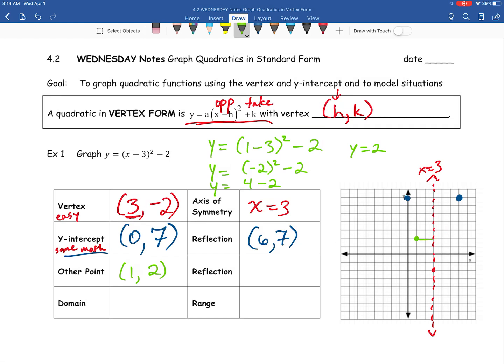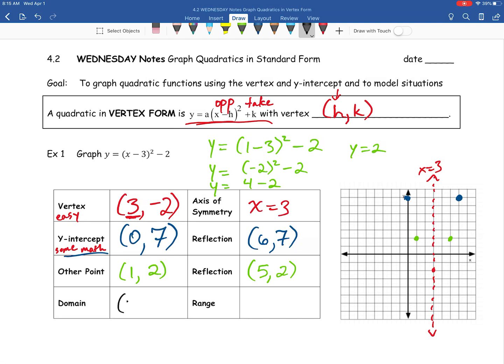When you mirror that, notice how it's 2 units to the left of the mirror, so you go 2 units to the right of the mirror. That reflection point looks like it is at 5, 2, and that would be your reflection point. If you tried the value 4, you would end up with negative 1.